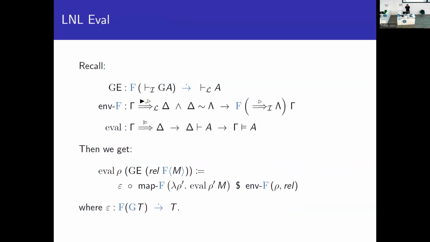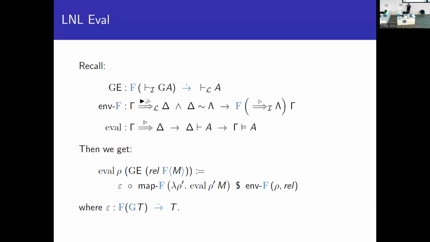And evaluation looks like the thing at the bottom. So remember, we have the object G elimination rule. It looks like the thing at the top. The property we were just talking about, I call it M's meta F. And evaluation is what we want, the third thing down. There's a bunch of notation, but basically we use the M's meta F property on rel, which is the proof of the context being intuitionistic, to move rho inside an F to become rho prime.